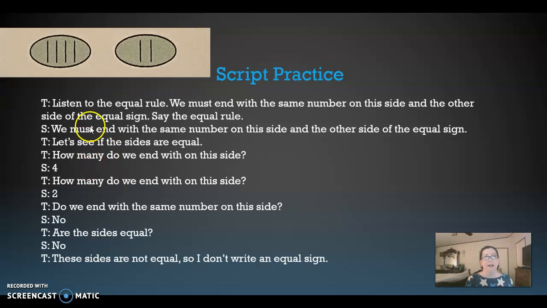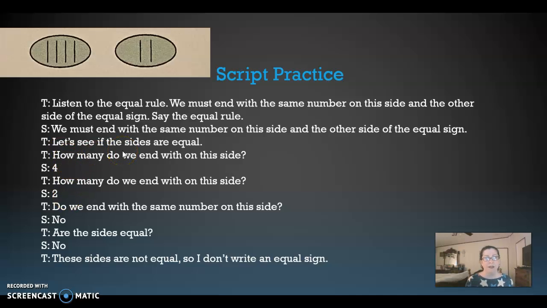Okay. Listen again to the equal rule. We must end with the same number on this side and the other side of the equal sign. Say the equal rule. Students, we must end with the same number on this side and the other side of the equal sign. Let's see if the sides are equal.